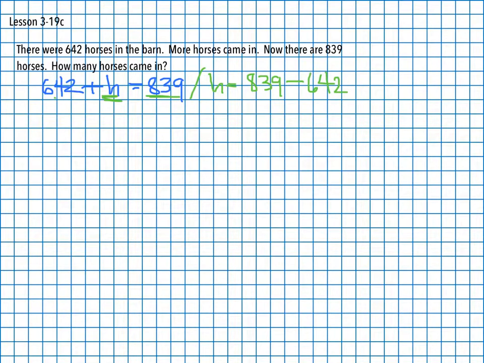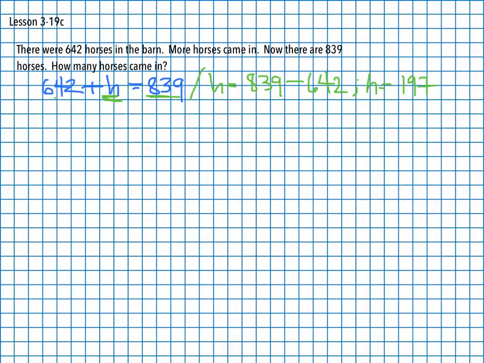And then if I do the math here, I'm going to get 839 less 642. I should get h equal to 197.